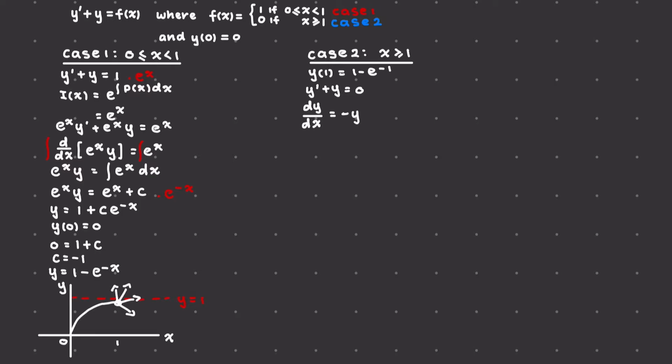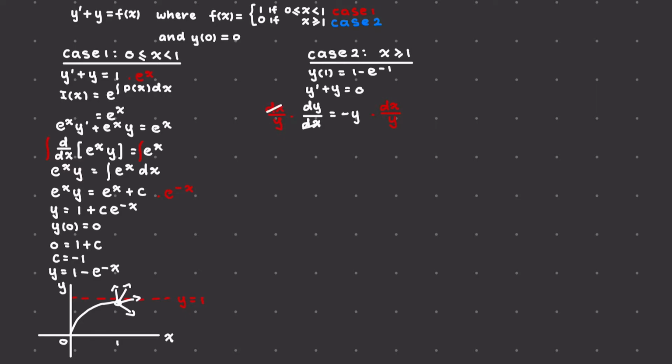And so let's multiply both sides by dx over y. And I would like to leave the negative sign on the right side because I don't want to be bothered by a negative natural log of y on the left hand side.